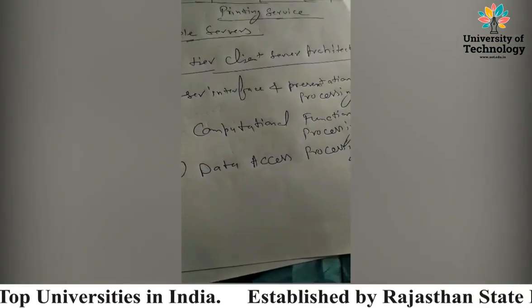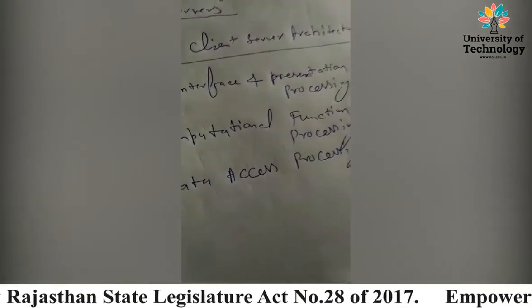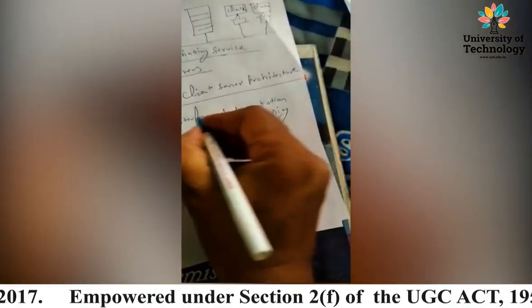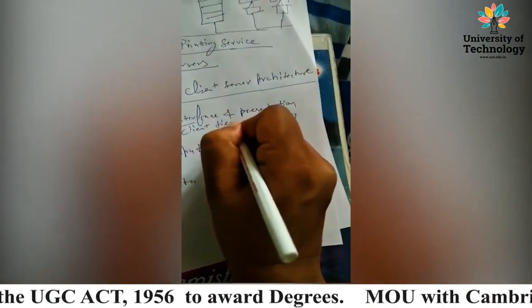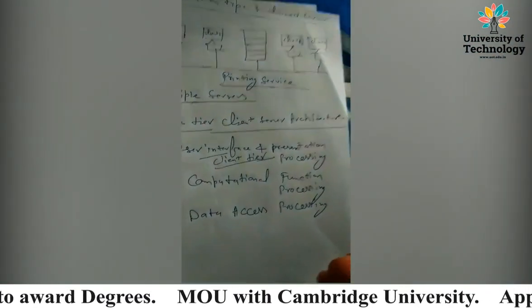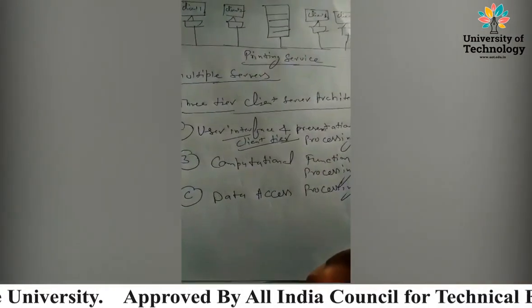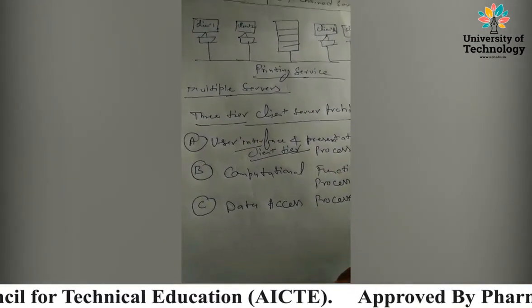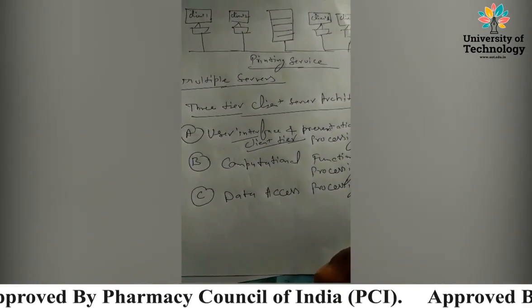First, user interface and presentation processing. These components are responsible for accepting inputs and presenting the results. They belong to the client tier. Second, computational function processing. These components are responsible for providing transparent, reliable, secure, and efficient distributed computing. They are also responsible for performing the necessary processing to solve a particular application problem.